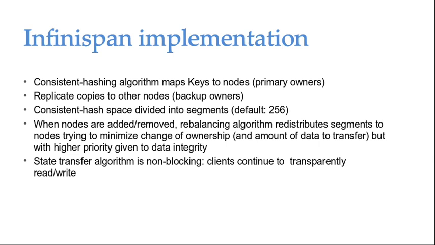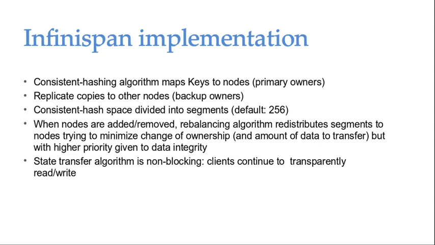When nodes are added or removed, there's a rebalancing algorithm that redistributes these segments to the nodes, trying to minimize the change of ownership and the amount of data that needs to be transferred. But the most important priority for this algorithm is to preserve data integrity. This means that it will probably do more work than immediately apparent in order to preserve high availability and ensure even distribution across the cluster.